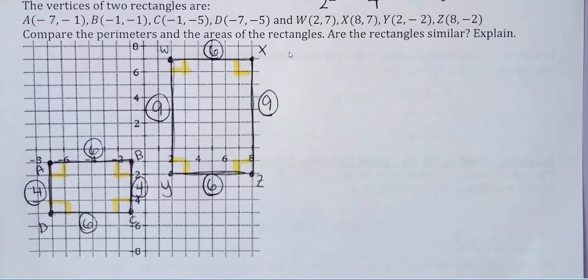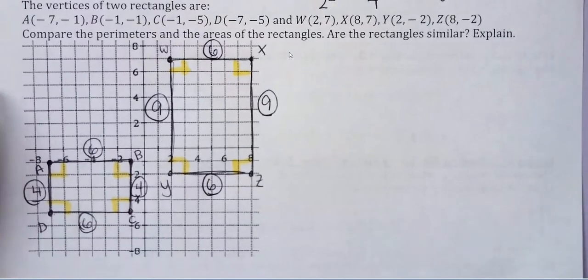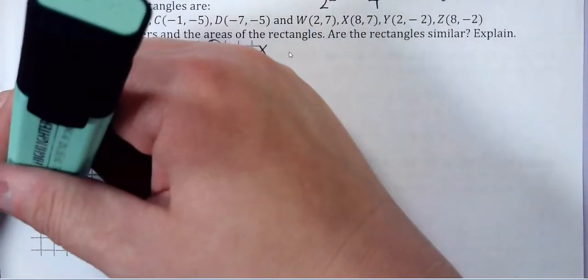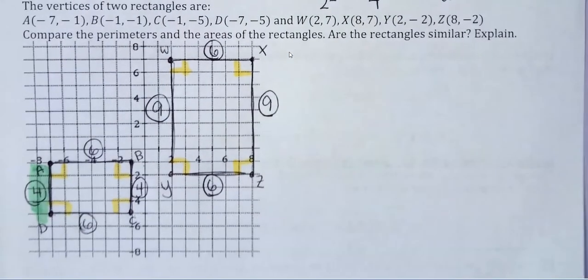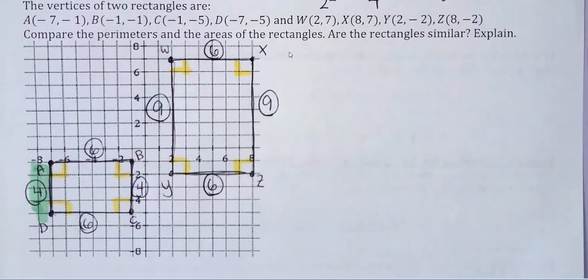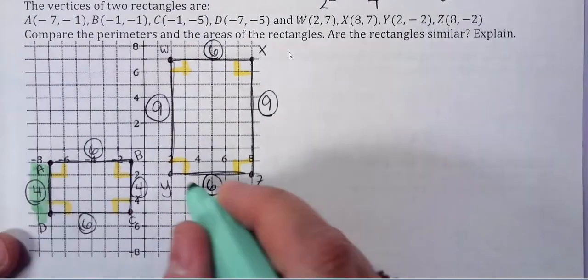Okay, now I'm just going to check this real quick. So if these are similar to each other, what side, if I pick the 4, what number would that go with in the bigger rectangle? The 6, because one's rotated. So the smaller number in both would go together.